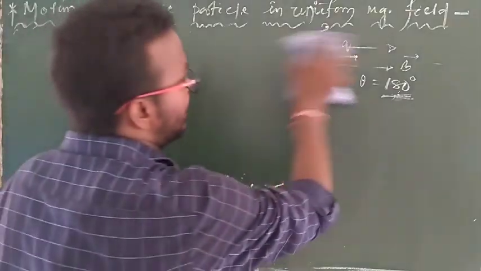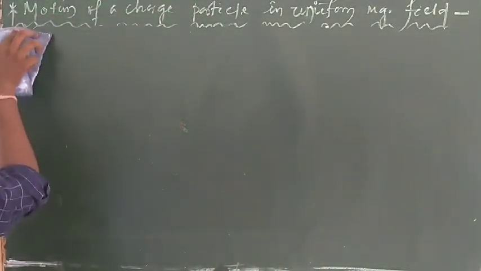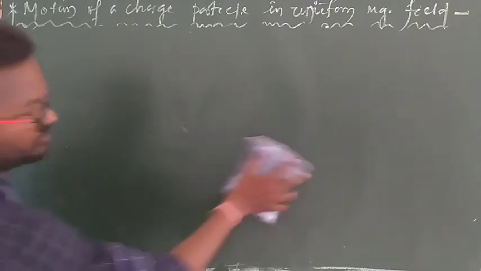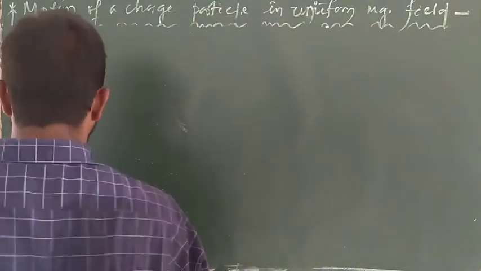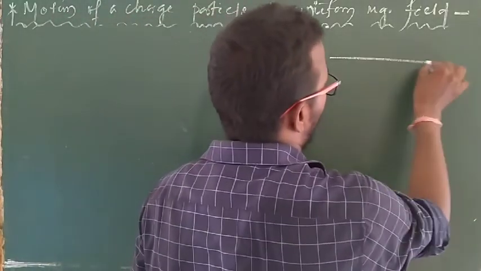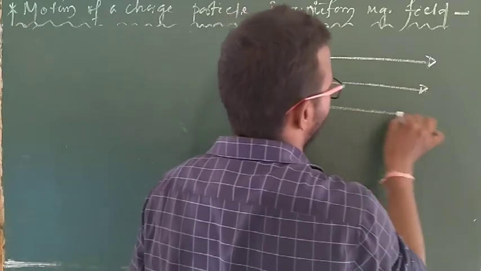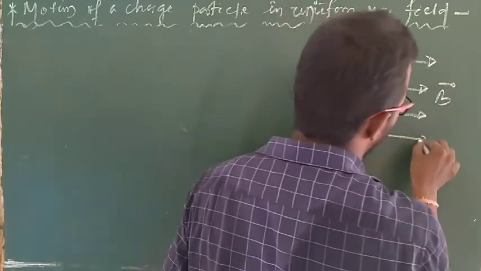If a charged particle is moving perpendicular to the direction of the magnetic field. So now we will discuss here. This is the direction of the uniform magnetic field.